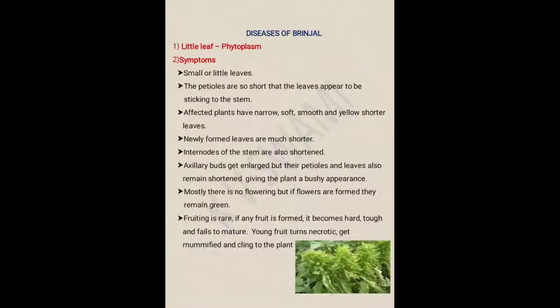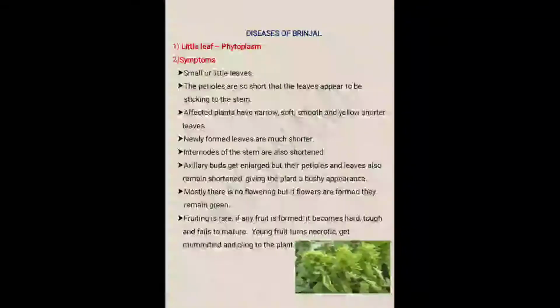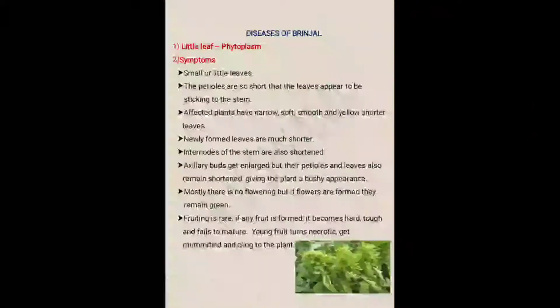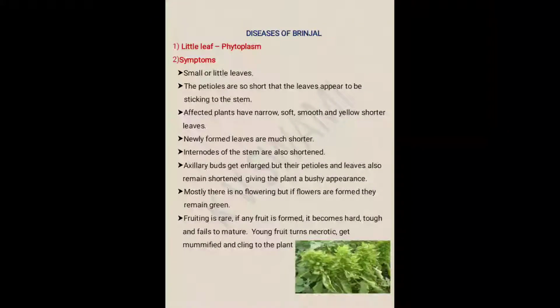Mostly there is no flowering, but if the flowering is there, then the flowers formed remain green. Fruiting is rare. If flowering is affected, then if there is no flowering, then there will be no chance of getting the fruits.